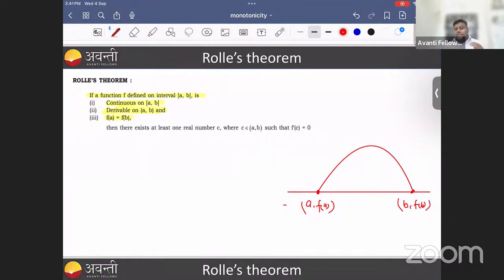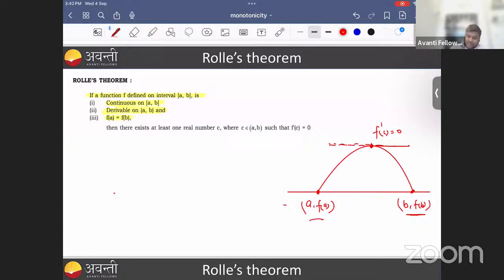Then definitely there is going to be a point where the tangent is parallel to the x-axis, which means where f dash c is 0. So if a function goes from a comma f(a) to b comma f(b), the tangent is going to be parallel to the x-axis at some point for sure.